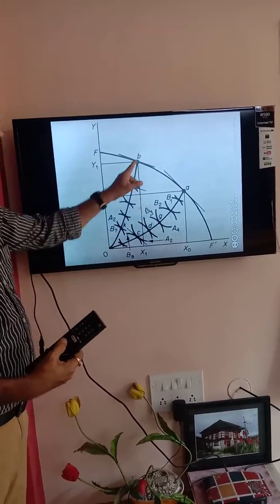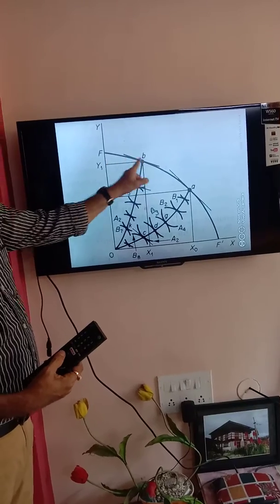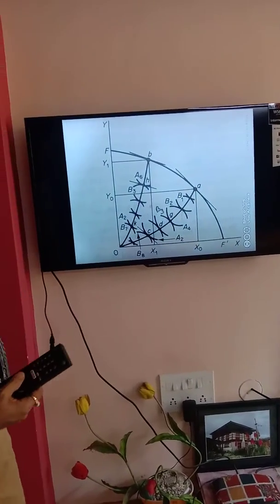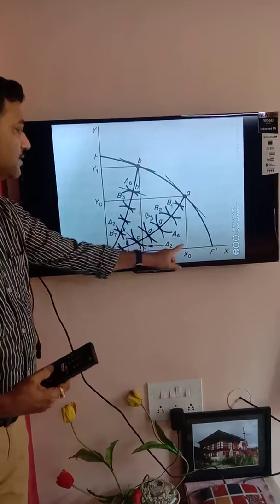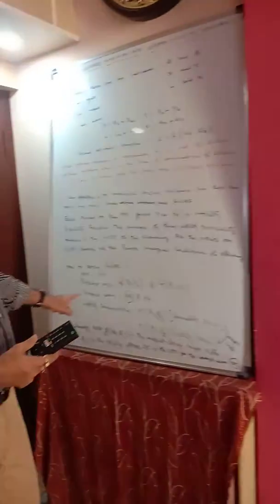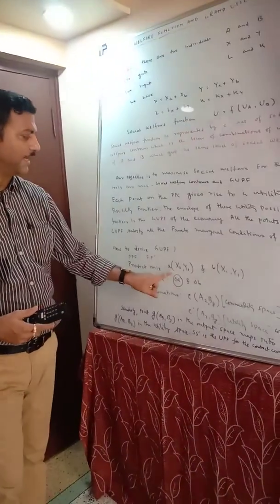Considering this, you get this Edgeworth box, and considering the other point, you have another Edgeworth box.